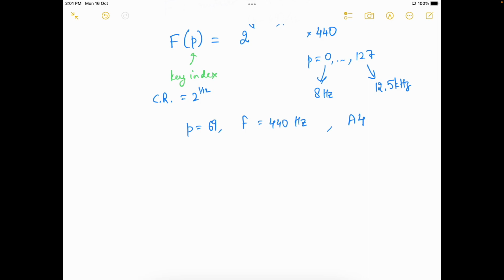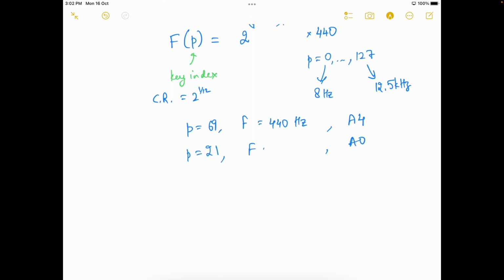If I ask you, what will be your A0? What you do is go down by 4 octaves. How many keys is that? 48 keys. So what is your P? P equal to 21, since 69 minus 48 is 21.